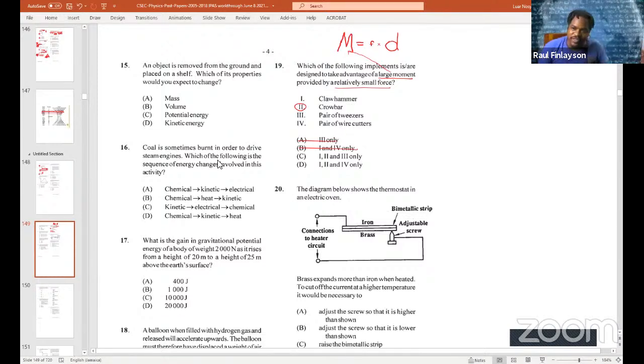But the question is, does it require a small force to use? That's my question here. Wire cutters, definitely the length of this tool would put it there. So if I put 1 with 4, then the answer would actually be D. So D would have to be in there. This is the same wire cutter here. Remember, this is a big distance and a small force to cut the wire.